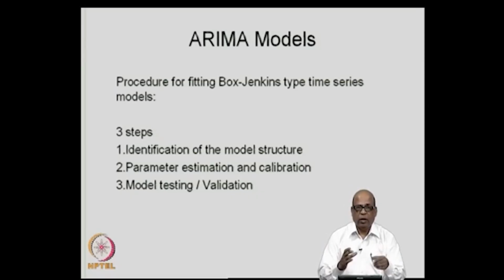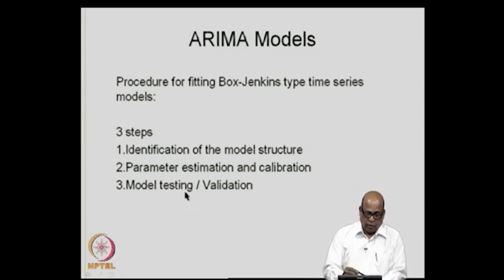For the data you will have the residuals that arise from applying the particular model you have identified, and those residuals must satisfy the assumptions that we have made for the residuals, namely that they should have a 0 mean and they should all be uncorrelated. They should constitute a series with uncorrelated values.